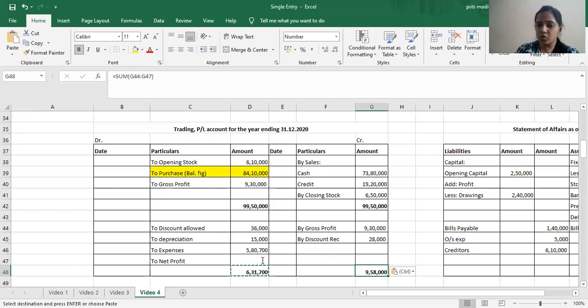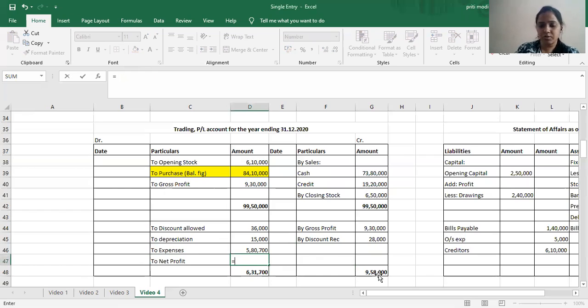You can also encounter a loss, so you need to calculate it first. So the profit is coming to 3,26,300. Adding over here, profit already done. So profit we are writing as 3,26,300.